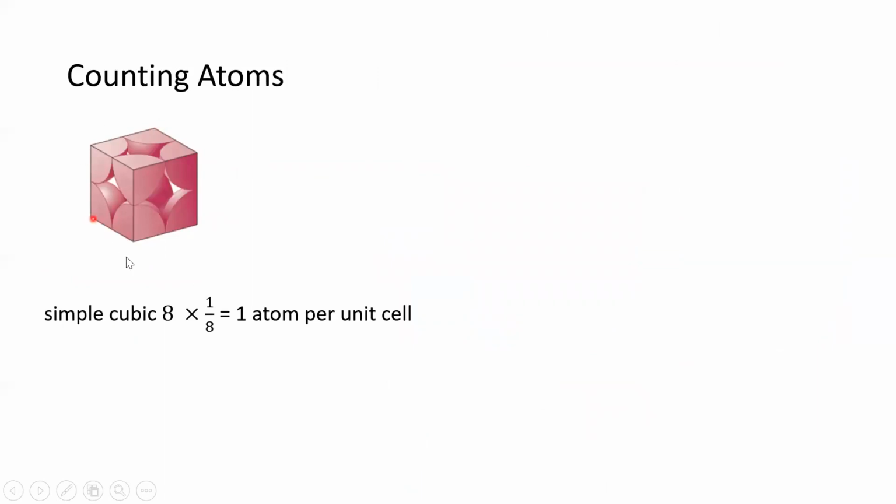So when we go to count atoms in a simple cubic, which is what we have here, we have 8 corners, and 1/8 of each corner is in our unit cell. So we have 1 atom or ion per unit cell.